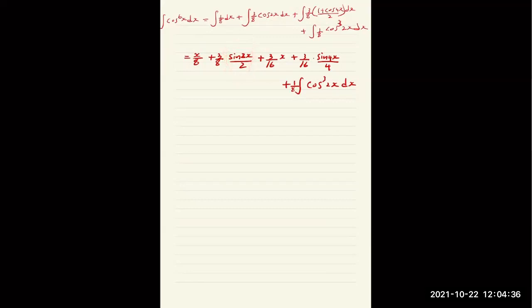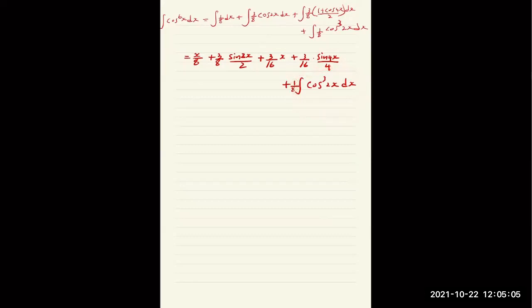Then here you can distribute the integral, since you have a summation. The first term is going to be 3/16 times x, and the next term will be 3/16 times the integral of cosine 4x, which is sine 4x divided by 4. The only remaining piece of the puzzle is to find the last integral.